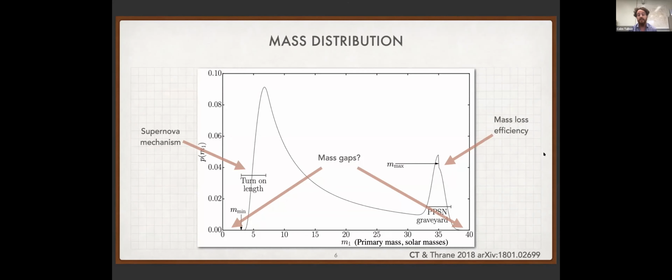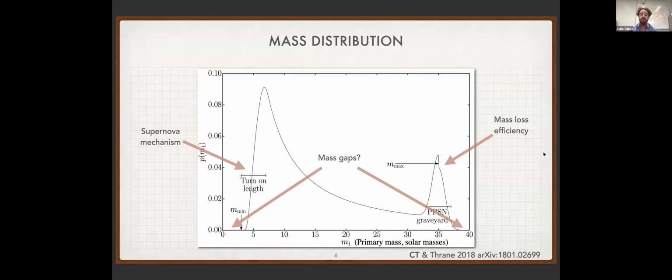The first example is a mass distribution model that I introduced during my PhD with Eric Thrane, which has since become known as the power law plus peak model in some of the literature. For this, we were really targeting supernova physics and how it is going to influence the mass distribution of merging black holes.